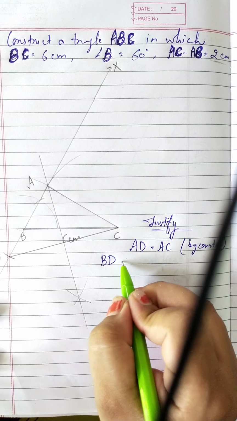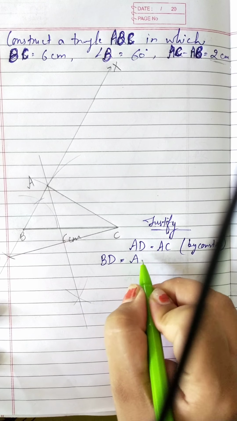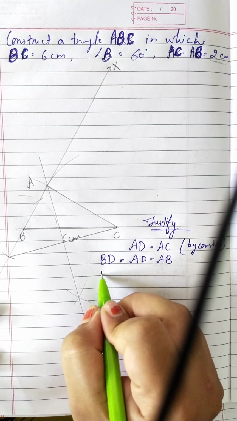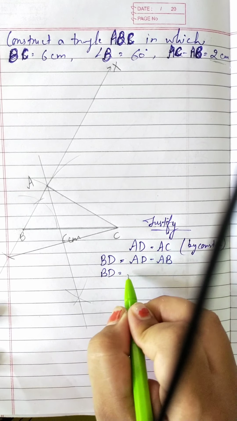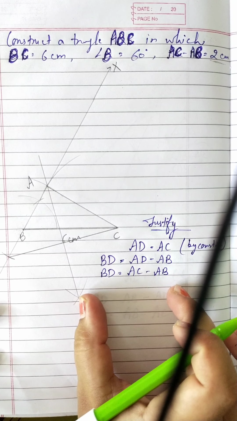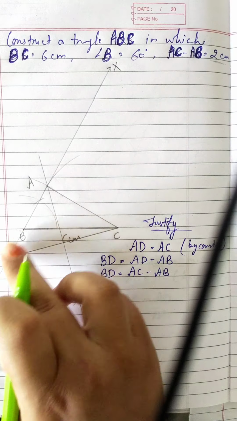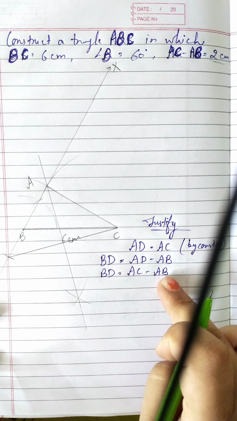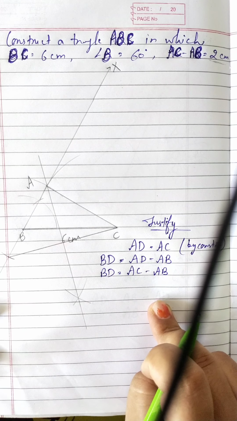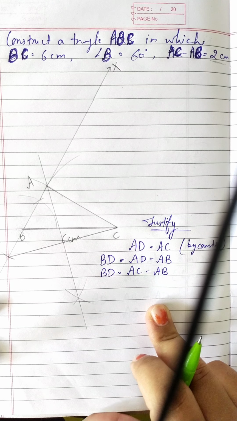So we can write BD as AD minus AB. But instead of this AD, what will you write? We'll write AC. AC minus AB. Hence this was the justification why we chose BD as the difference, 2 centimeters, AC minus AB. Understood? So this is the justification. I hope you have understood well. Thank you.